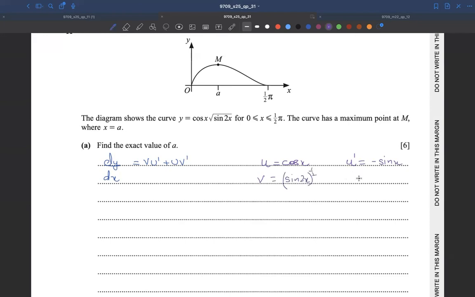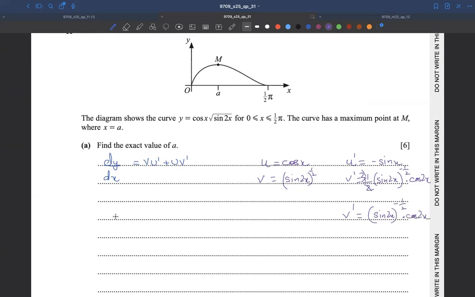So v' can be written as half into sine 2x to the power of minus half, multiplied by the derivative of sine 2x, which is cos 2x, and the derivative of 2x is 2. So that also multiplies over here, so 2 and 2 will cancel out. So the derivative of sine 2x to the power of half will become sine 2x to the power of minus half into cos of 2x.